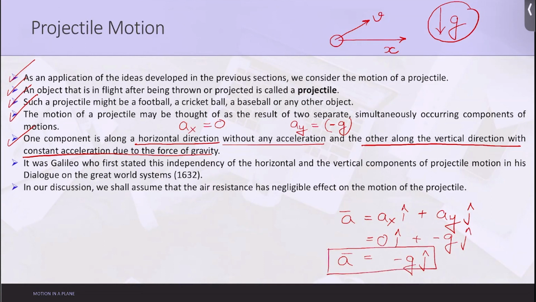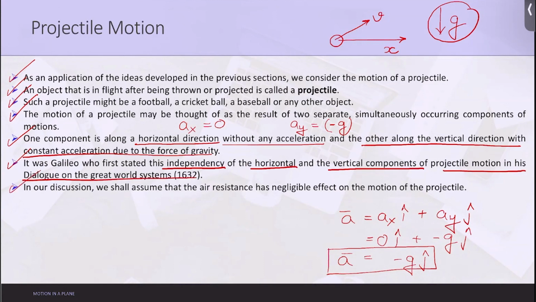So it was Galileo, a prominent scientist, who first stated this independence of the horizontal and the vertical components of projectile motion in his Dialogue Concerning the Two Chief World Systems in 1632.